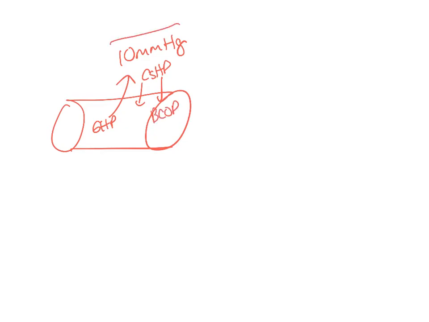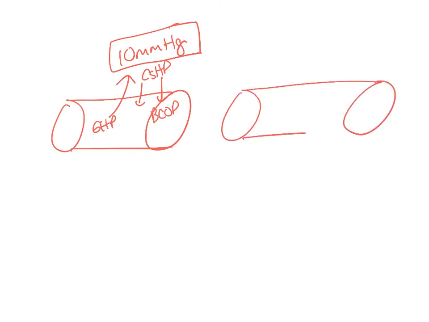So with all those things, we end up with 10 millimeters of mercury. If we look at the systemic capillary, what we found was that the capillary hydrostatic pressure at the arterial end was 35, and then the blood colloidal osmotic pressure was 25. If we looked at the venous end, we saw that the hydrostatic pressure in the capillary decreased to 18, and the blood colloidal osmotic pressure stayed the same at 25.